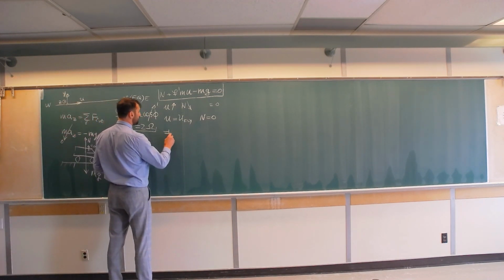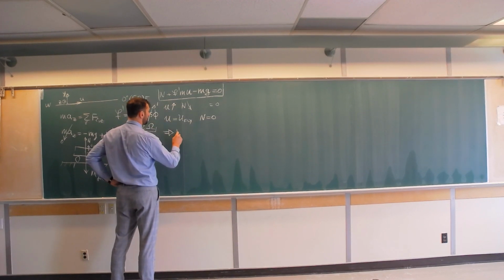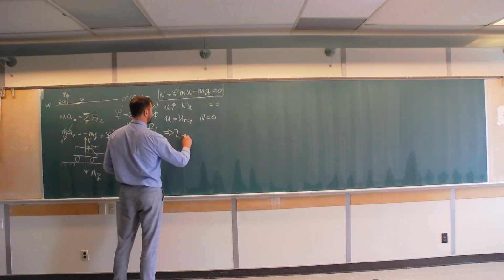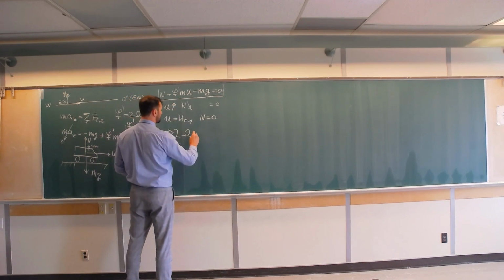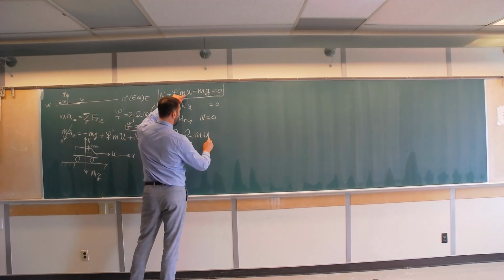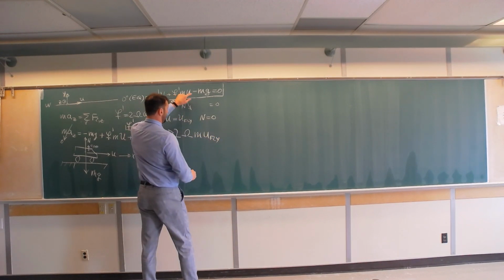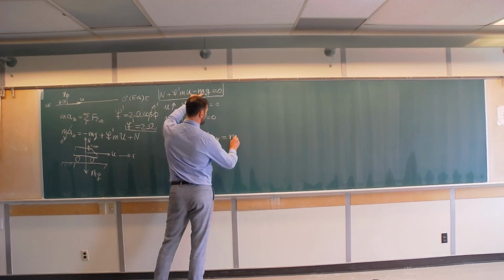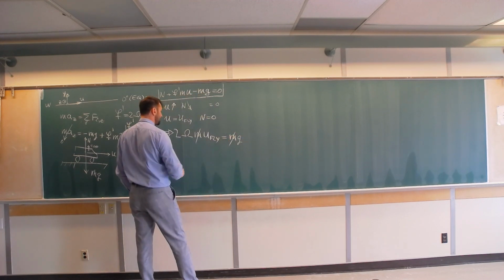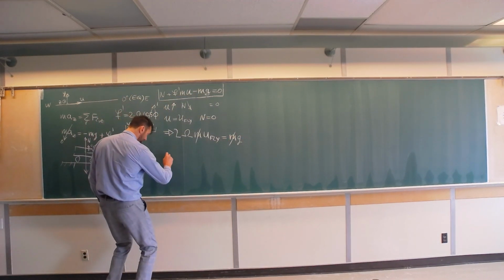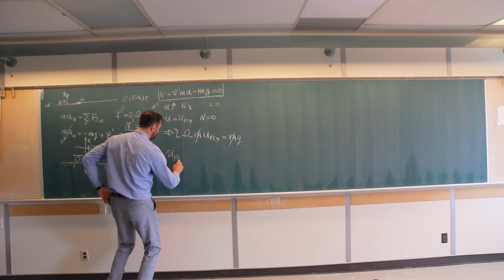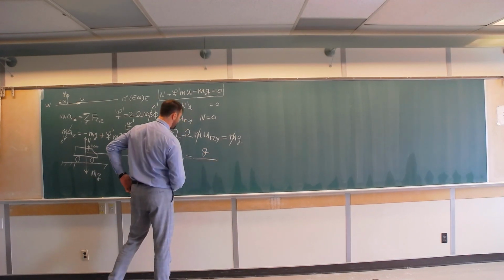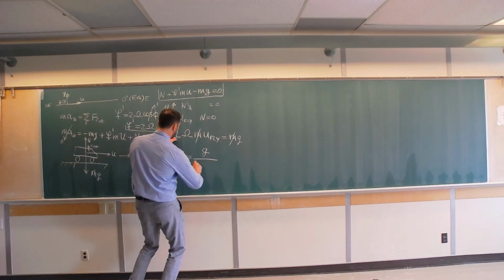And that means that at that time f prime, 2 omega times m times u fly, has to be equal to mg. Masses cancel, and I get that u fly is equal to g divided by 2 omega.